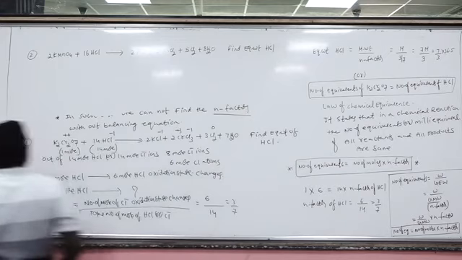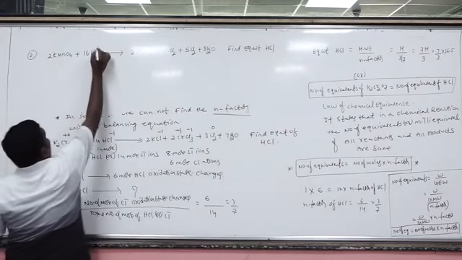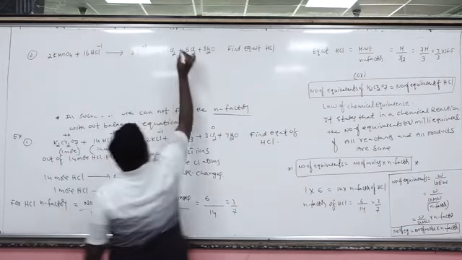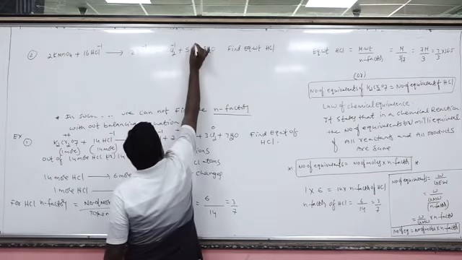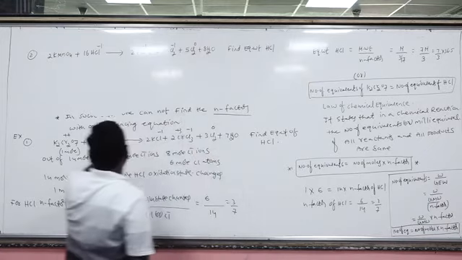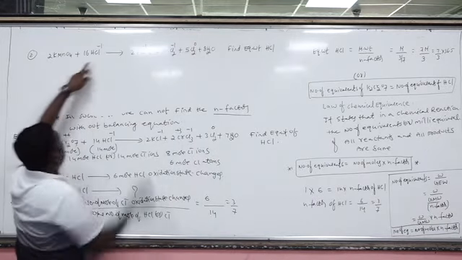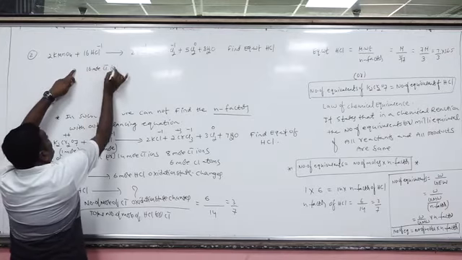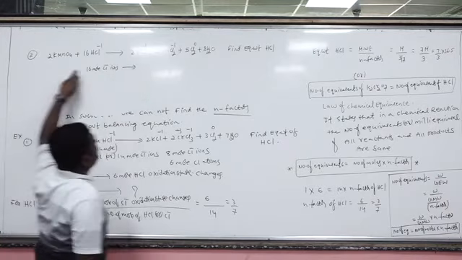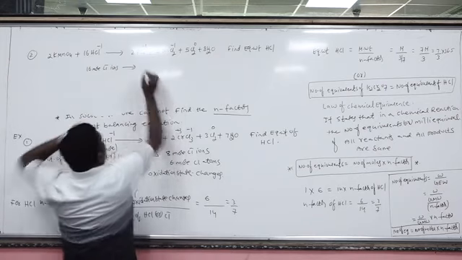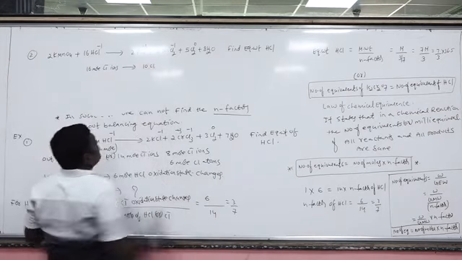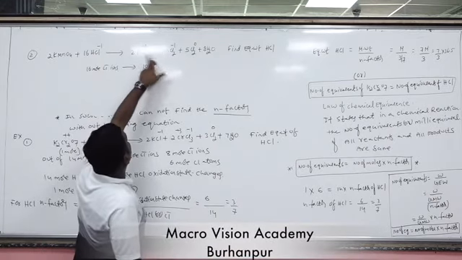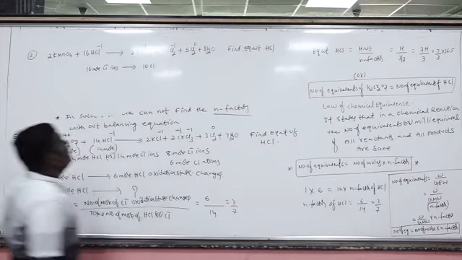Now here, same concept. Chlorine oxidation number is -1 here, -1 here, but here it is 0. Out of 16 Cl minus ions, only 10 Cl atoms change. The remaining 2 plus 4, that is 6 Cl minus, have no change.